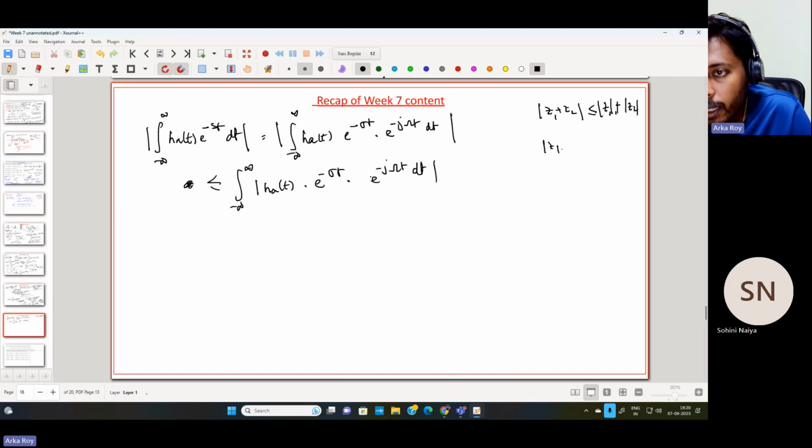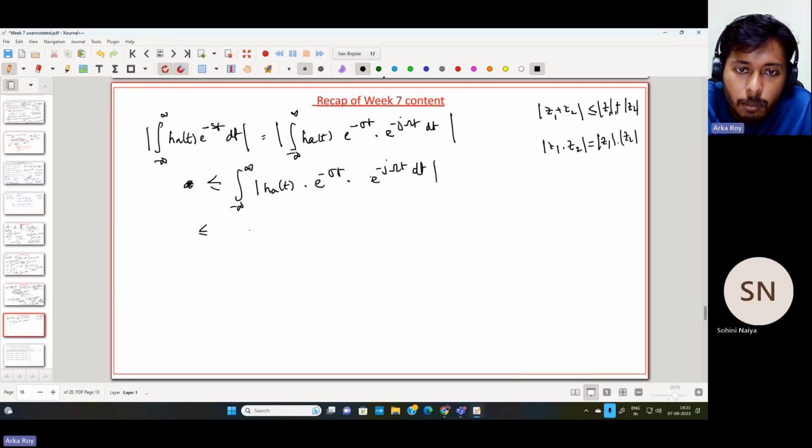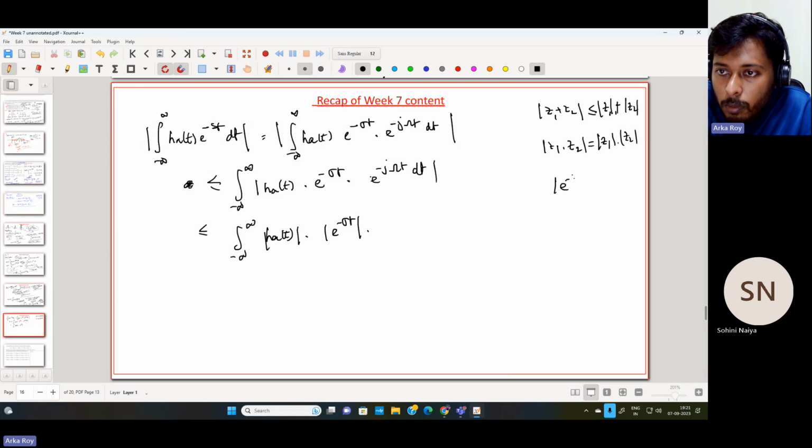And mod of z1 multiplied with z2 is nothing but mod z1 multiplied with mod z2. So using that particular relation, I can write it as |h(t)| times |e to the power minus sigma t|, and the mod of e to the power minus j omega t will effectively give you 1.